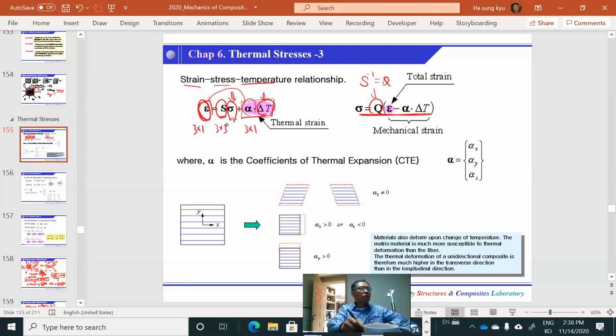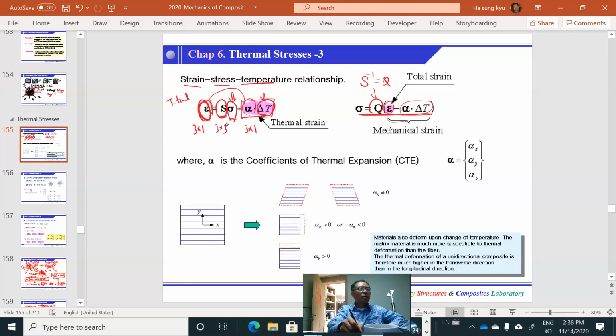Let's try to interpret the physical meaning. The strain is the observed strain. This means the total strain. And now minus the thermal strain.